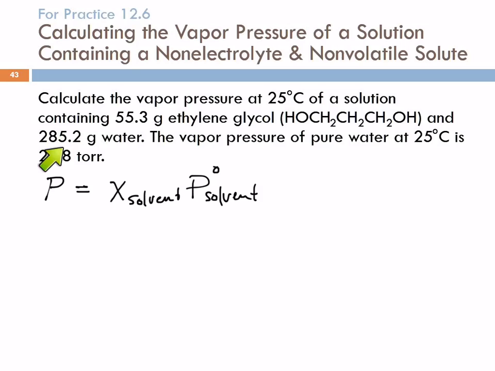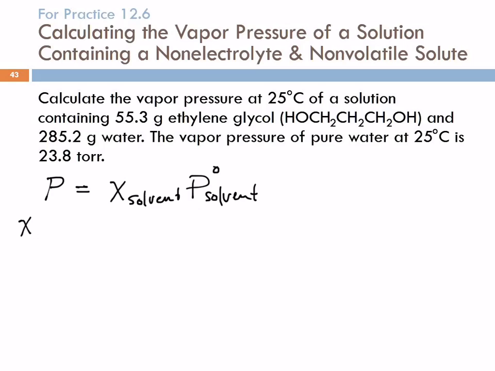Well, the vapor pressure of pure water is given to us right here. We're given masses of ethylene glycol and water. Water here is going to be the solvent because there's a lot more of the water than there is of the ethylene glycol. Ethylene glycol is also a liquid at room temperature. So we need to take these two masses and convert them into moles and find the mole fraction.